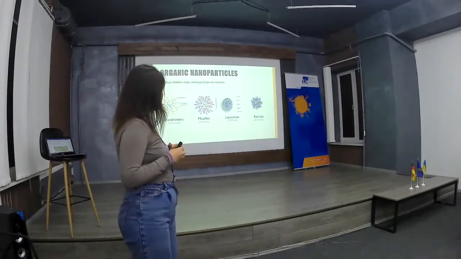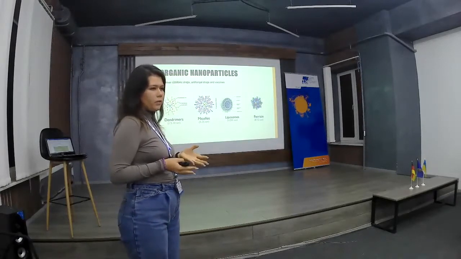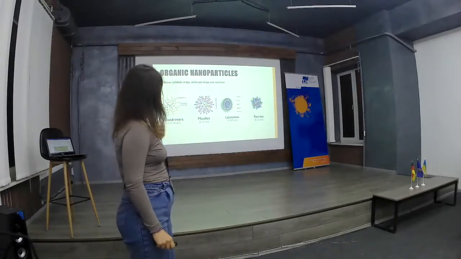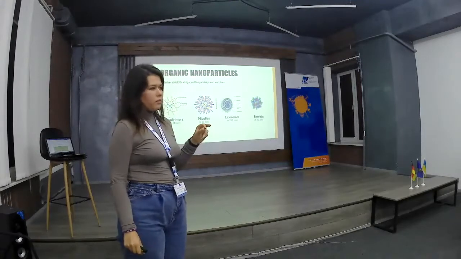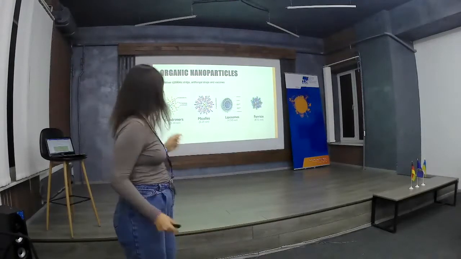Usually you need it for penetrating the membrane of the cell, and inorganic nanoparticles are used sometimes for entering the core of the cell to deliver, for example, different DNA or something like this.